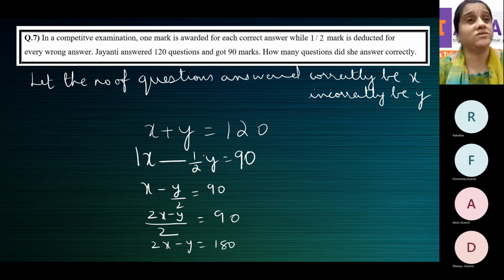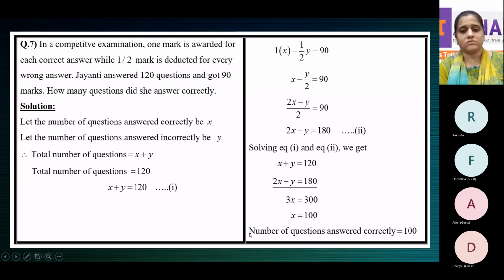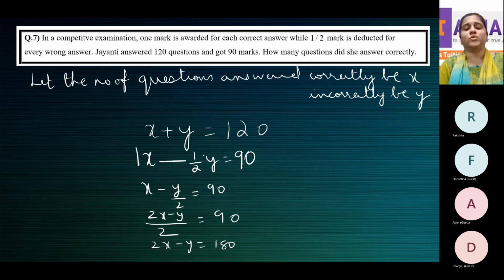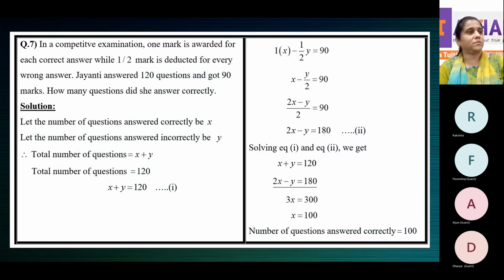How much? x. How many questions did she answer correctly? Correctly is x, so you don't have to find y at all. It's not asked, no? So correctly is x.